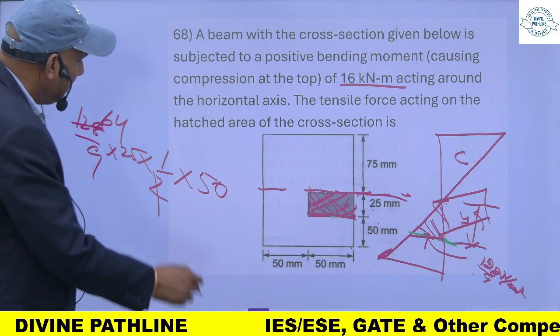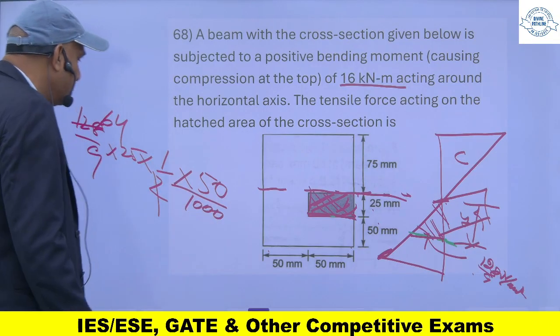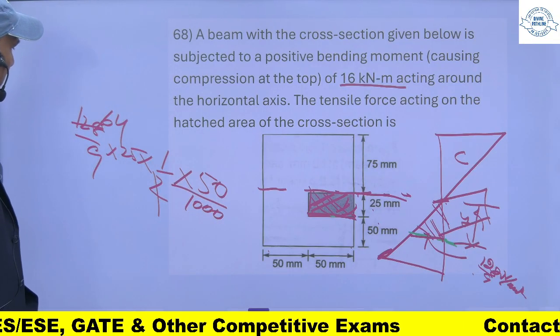So if I divide it by 1000, you will get it in kilonewton.